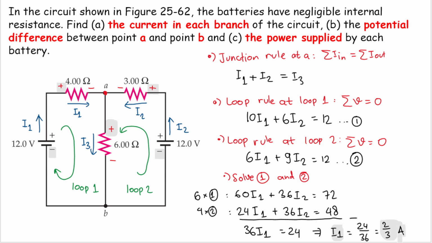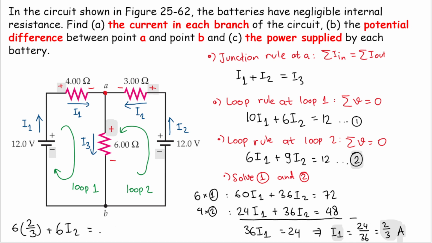And I think that is a good value here, because we can also plug this into equation number 1 here. Oh no, I think we can easily plug into equation number 2. So we will have 6I1. So we'll have 6 multiplied by 2 over 3. And then plus 6I2.